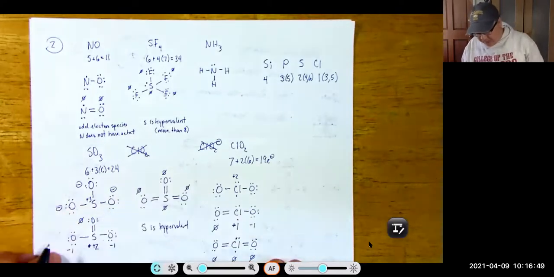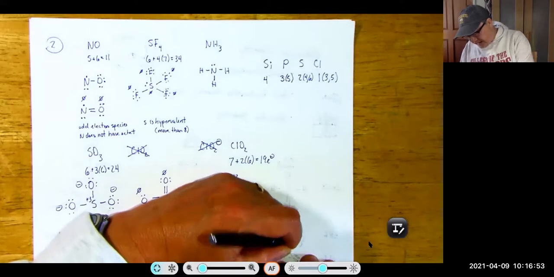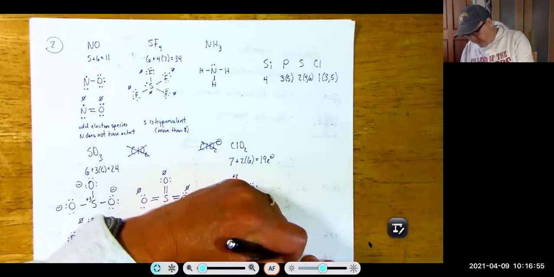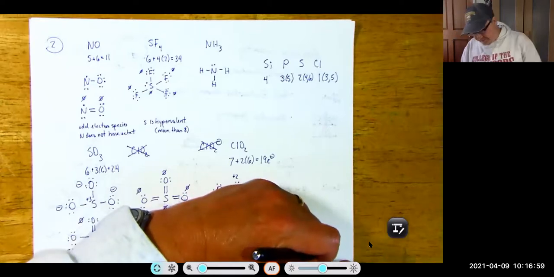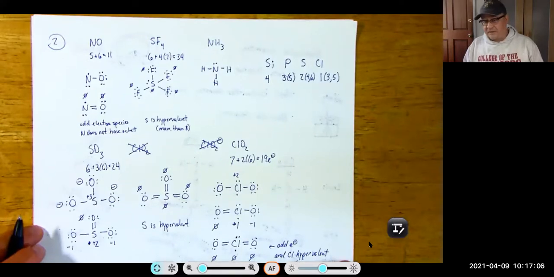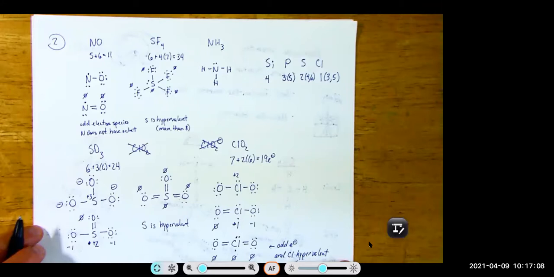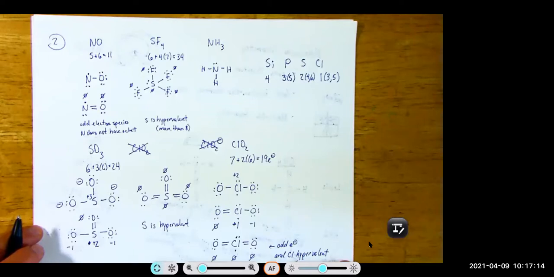And this is one where you're going to have odd electrons, and chlorine is hypervalent. Are we good so far? Yeah, for the chlorine atom, it has 4 bonds plus the lone pair on top.